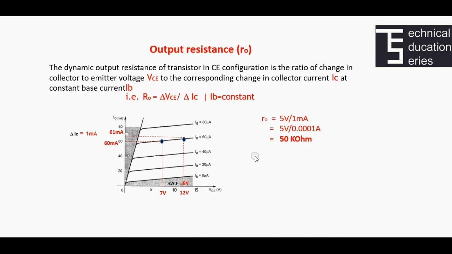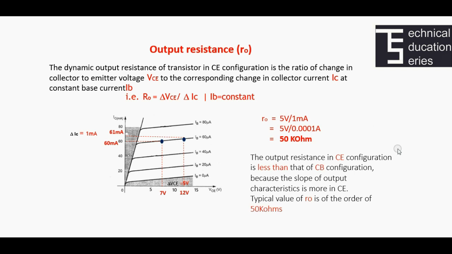This is how we determine the output resistance of the common emitter configuration. The output resistance of CE configuration is less than that of CB configuration because the slope of the output characteristics is more in case of CE. And the typical value of RO is of the order of 50 kilo ohms.